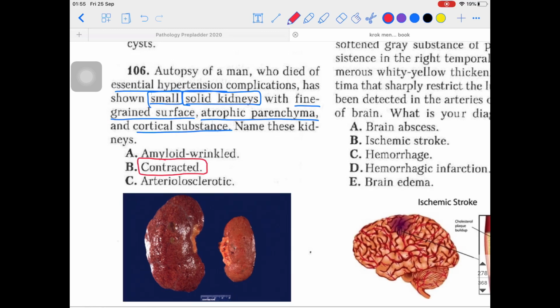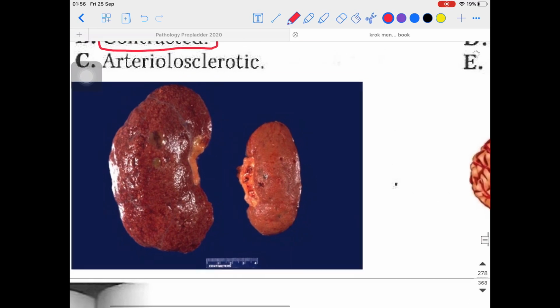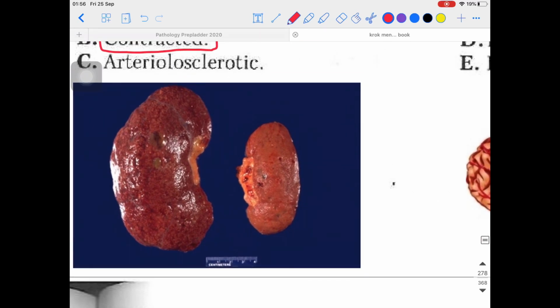Now let me talk about the image over here. You can compare the two kidneys over here. Look at this one. You can see the smaller kidney. First of all, this is the small kidney, right? Smaller in size.